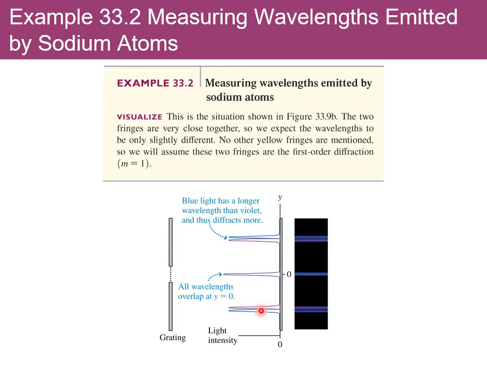Here we see a representative schematic of the experimental setup, though using blue and violet light. We will assume that m equals 1 here since the problem does not mention other yellow lines.